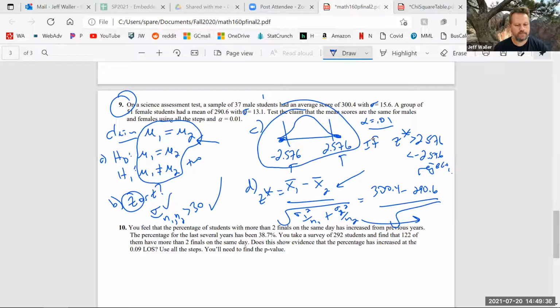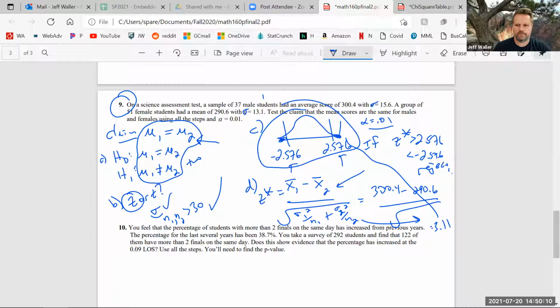You should get 3.11, I believe. So if you want to try it out, see what you get for Z-star. You should get 3.11, which would mean we found evidence to reject the null. So we found evidence to reject the claim.